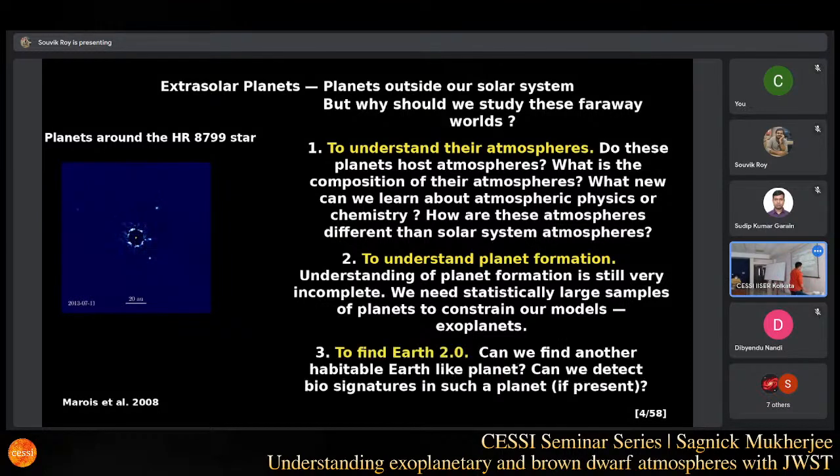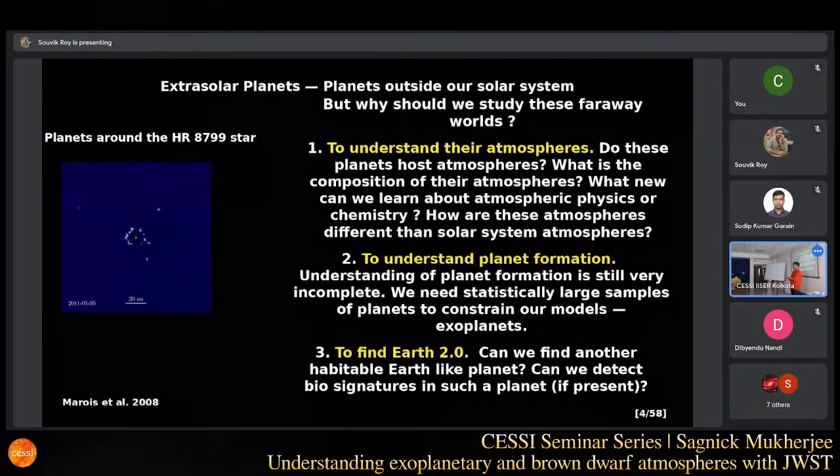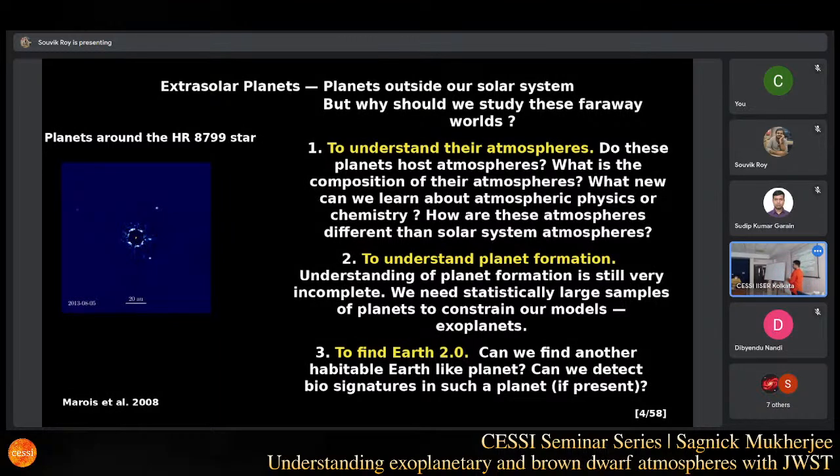And the third, and perhaps the final frontier of this field, is to find another Earth-like planet, or Earth 2.0. Can we find another Earth in our universe? If we can, does it host life? Is it habitable? If so, what kind of life? Can we detect that life?